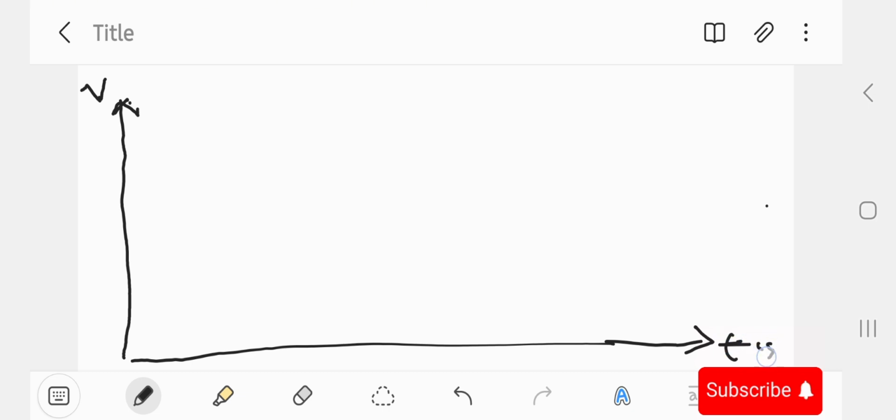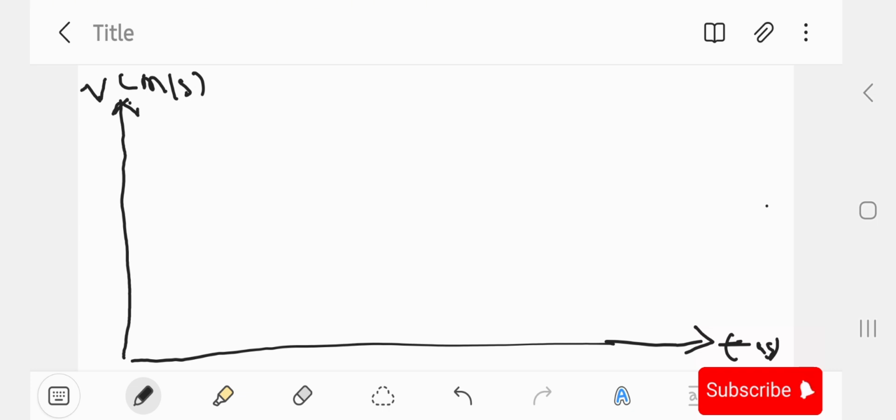The time in seconds, and the velocity here is in meters per second. So with that in mind, we go ahead and put what the question gives us in graphical form.